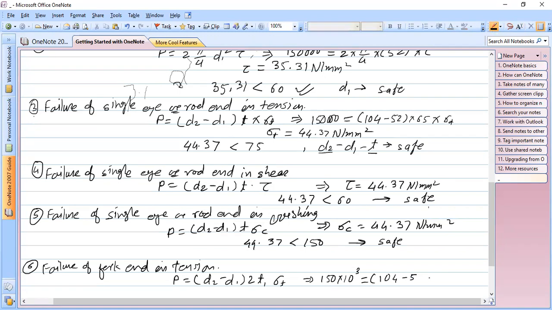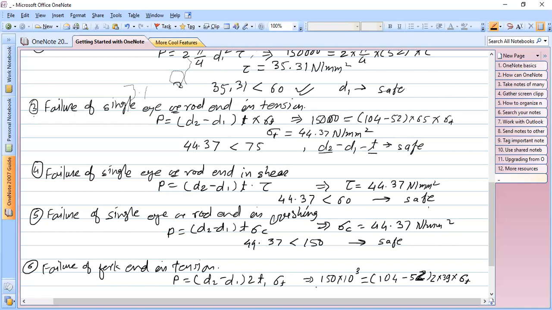Okay, sir, the D value is 52. Sorry, D value 52. The D value is your 52. And after this we can put 2 into T1. How much did we get? P is 65, T1 is 39, into sigma T.